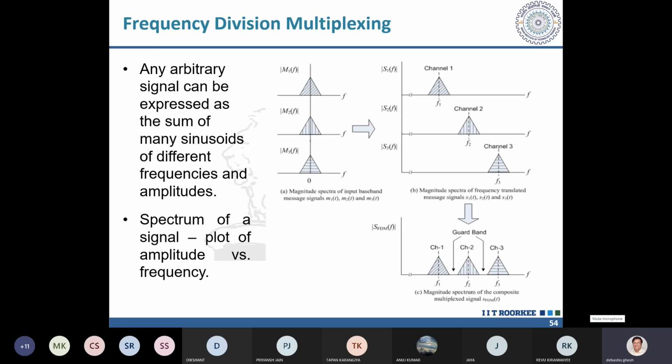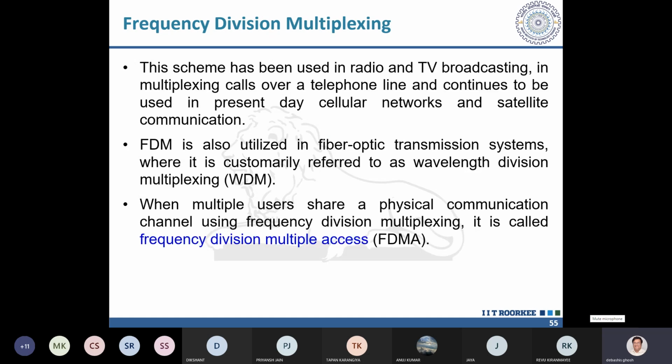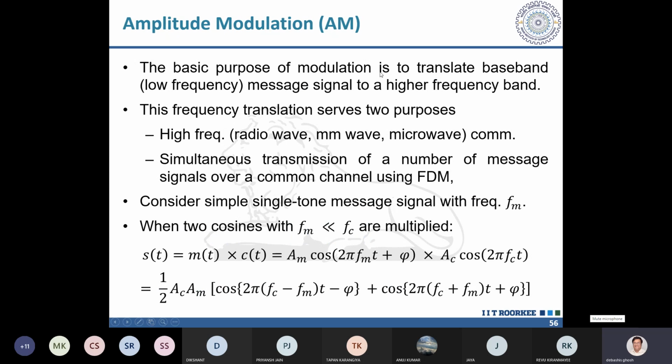Whenever we do mathematical analysis, we write it in positive and negative frequency and sketch it accordingly. Basically, a low frequency message signal, called a baseband message signal, is translated to high frequency by a process called modulation.